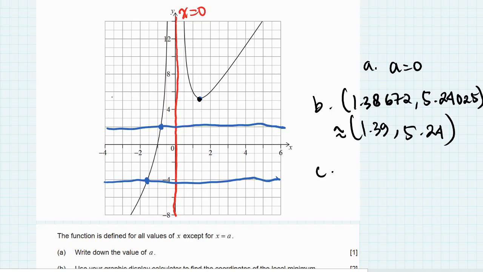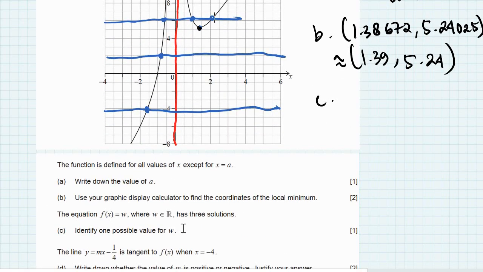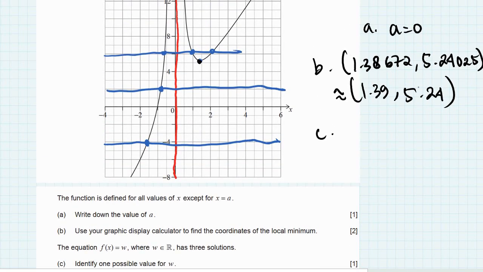Now it starts having 3 solutions when it is above the minimum point. This one, this is 3 solutions: 1, 2, 3. So where is the minimum point? The minimum point is here, 1.39, 5.24, meaning the possible value for w should be more than 5.24.